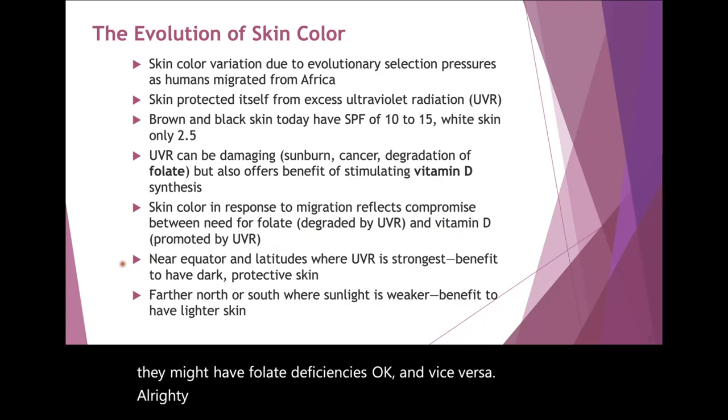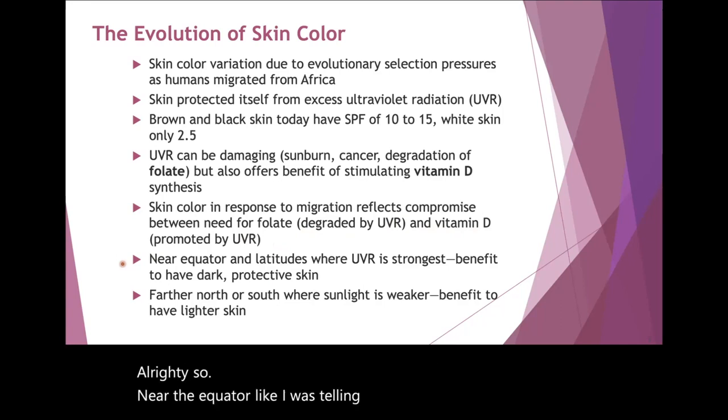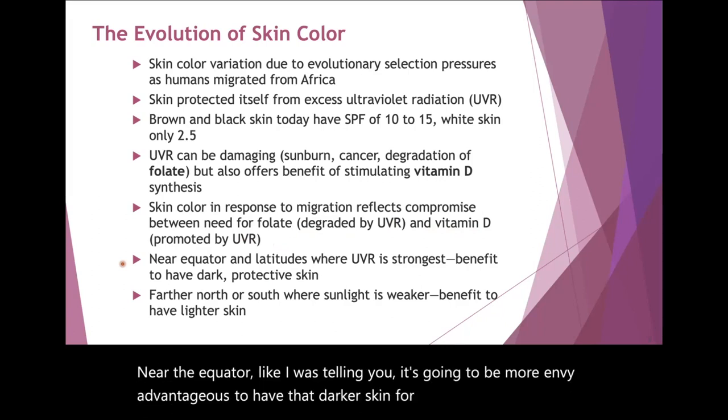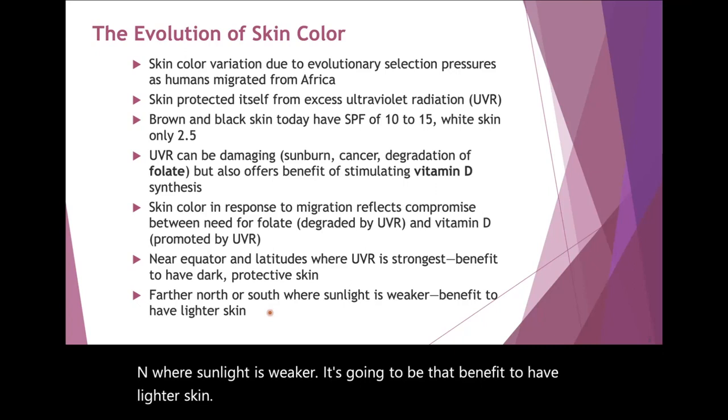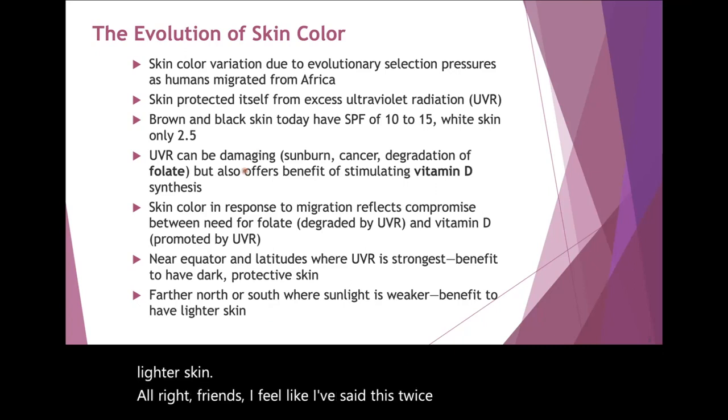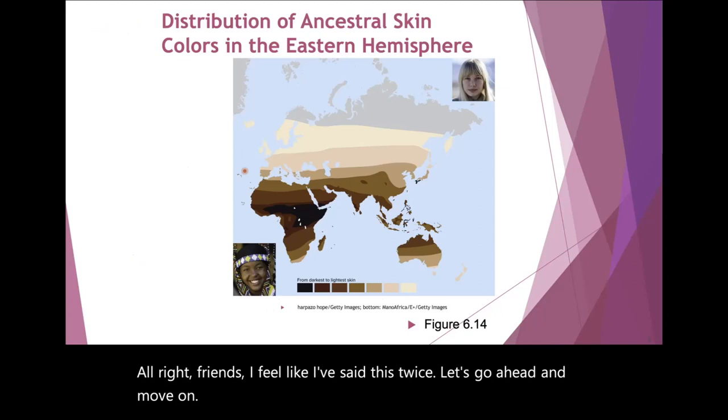Alrighty, so near the equator, like I was telling you, it's going to be more advantageous to have that darker skin for protection versus farther north where sunlight is weaker. It's going to be that benefit to have lighter skin. All right, friends, I feel like I've said this twice. Let's go ahead and move on. So here we go.